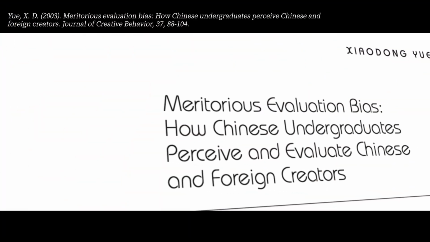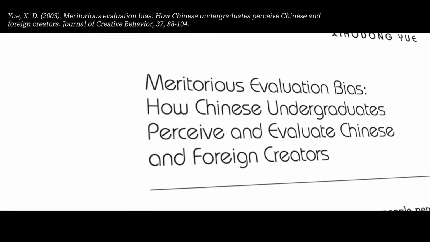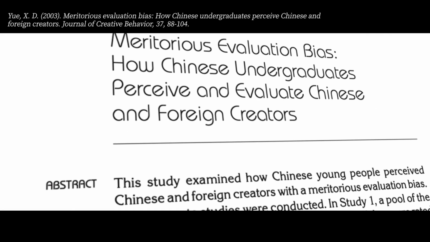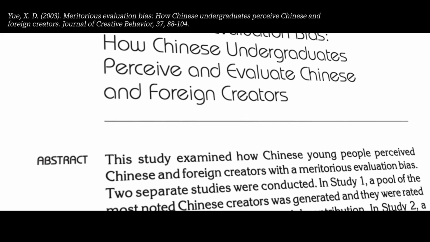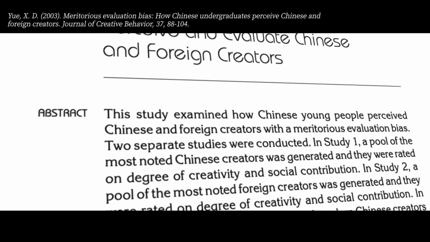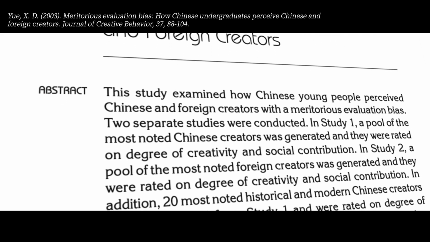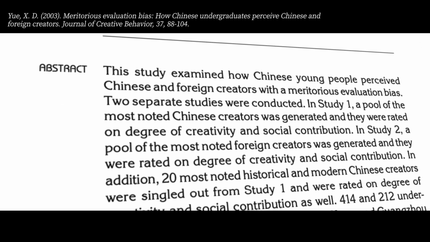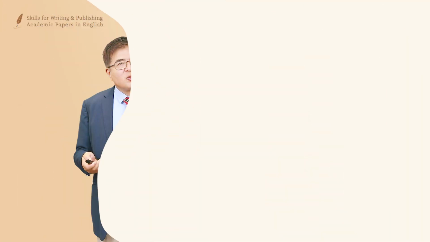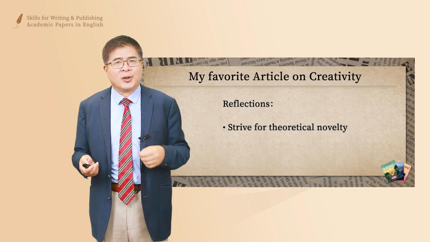This is my favorite article on creativity, which I described earlier. It's called "Meritorious Evaluation Bias: How Chinese Undergraduates Perceive Chinese and Foreign Creators." Now, what are my reflections from writing this article? Strive for theoretical novelty.